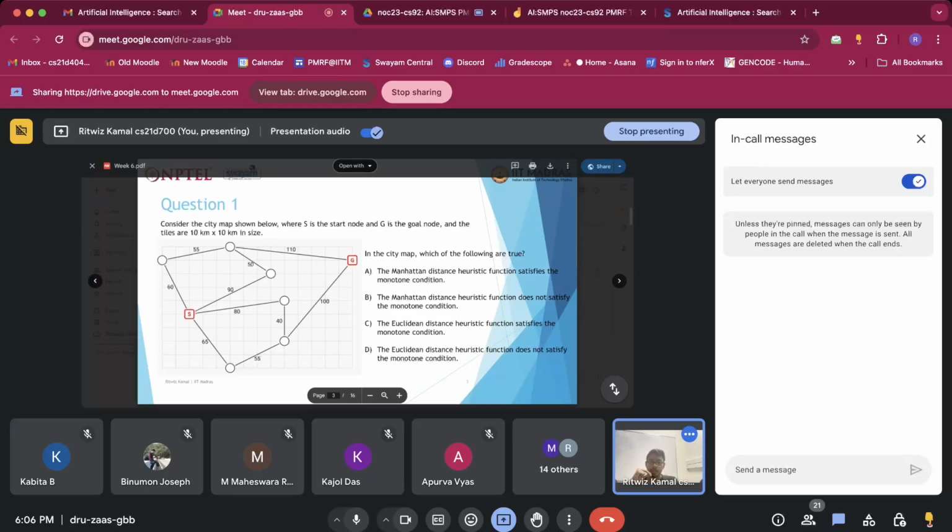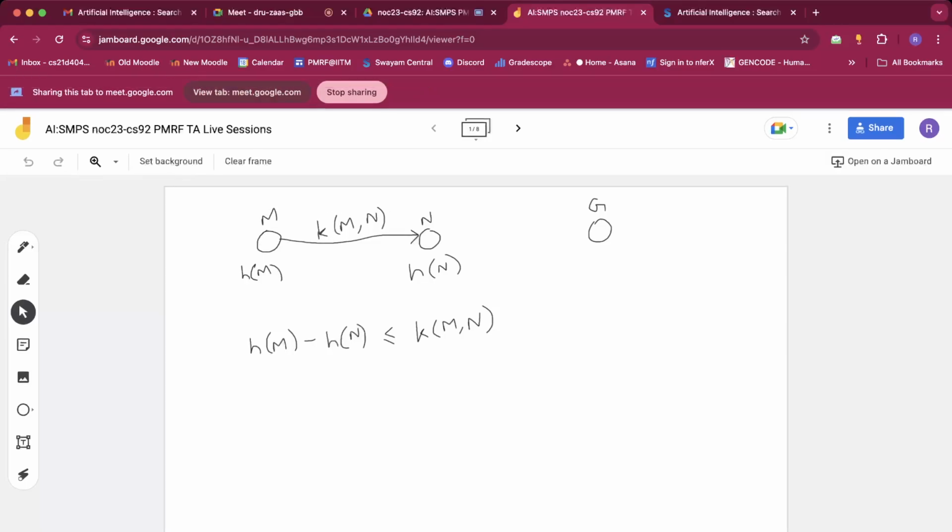Does anyone remember what the monotone condition was that you may have come across in the lectures? If not, let me just give a simple refresher.